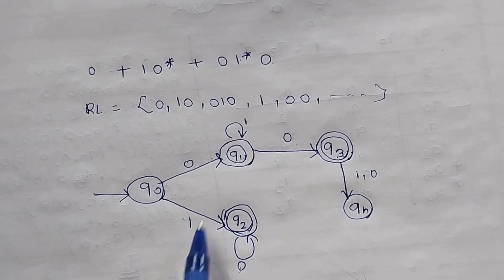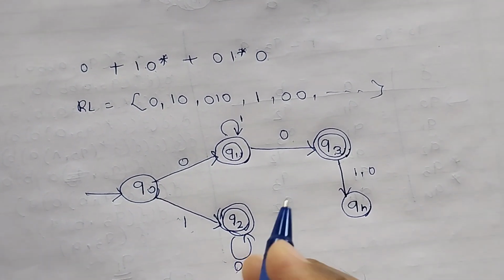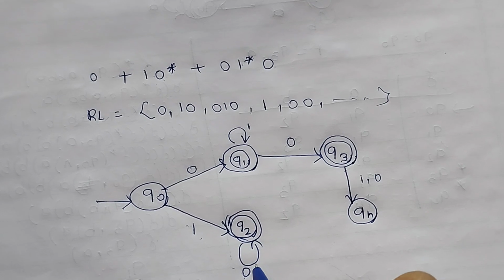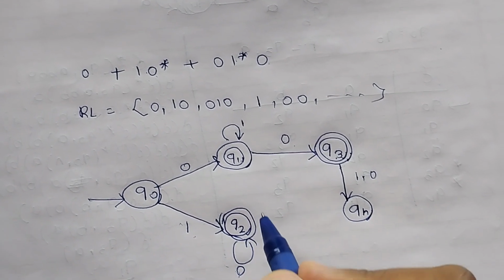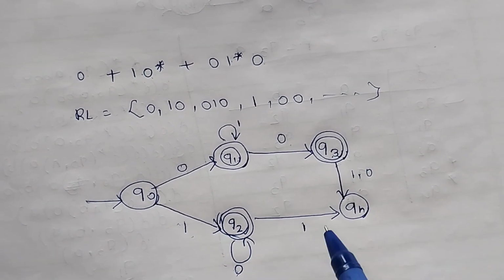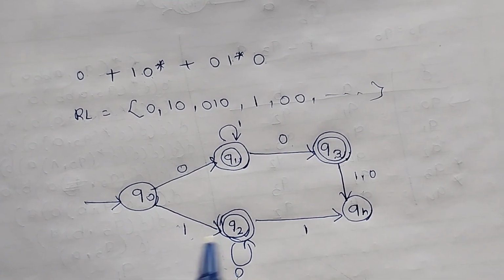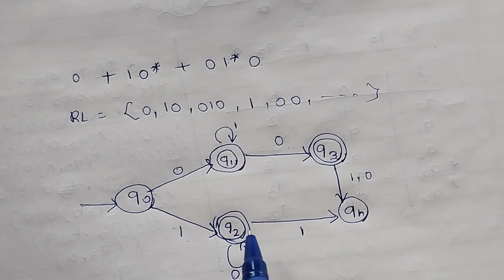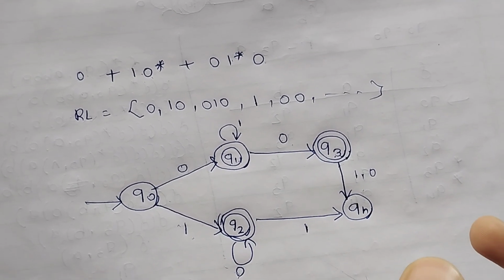The string starts with 0 and ends with n number of 0s, so n number of 0s is covered by Q2, but now only 0 is transferred by Q2, 1 is not transferred anywhere. So this 1 also now goes to the hold state, because if this string ends with 1, then it is not accepted. So if any 1 comes, then we transfer it to the hold state.